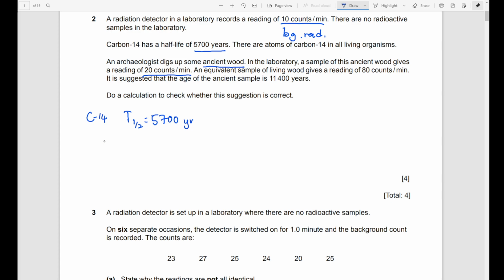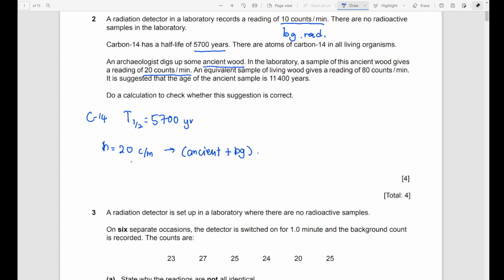So we can put n equals 20 counts per minute. This 20 counts per minute is actually the reading coming from the ancient wood plus, don't forget, the background radiation.